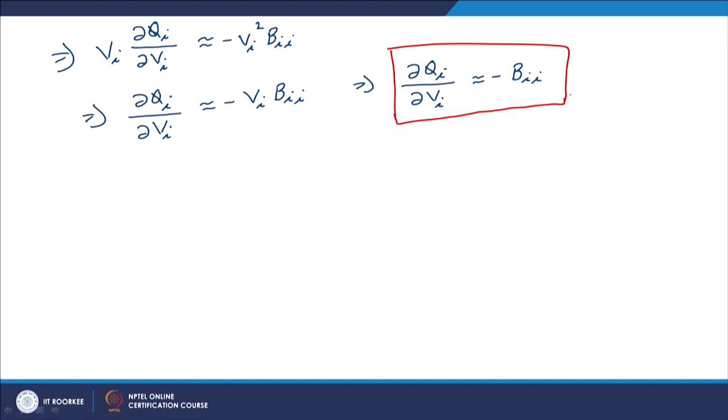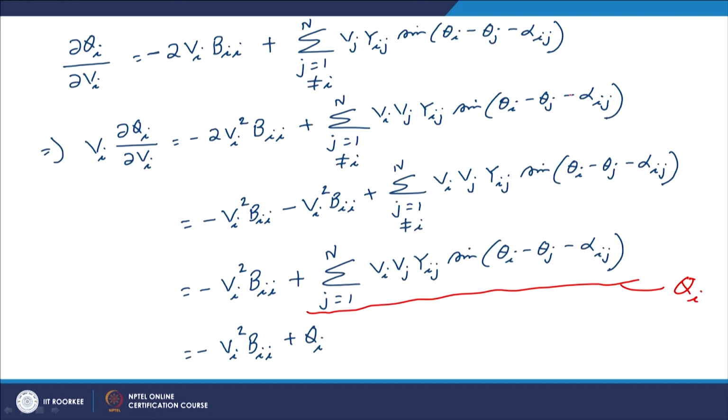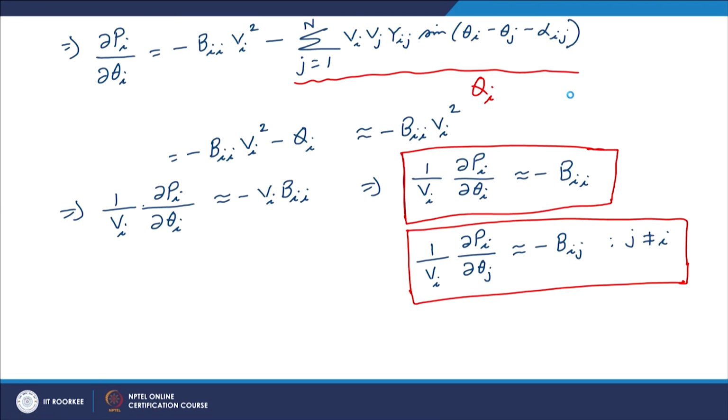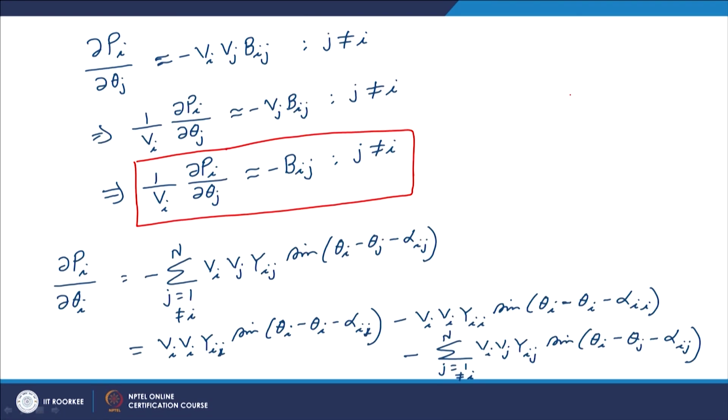So, we have got these expressions of J1 and J4; J2 and J3 are already made 0.